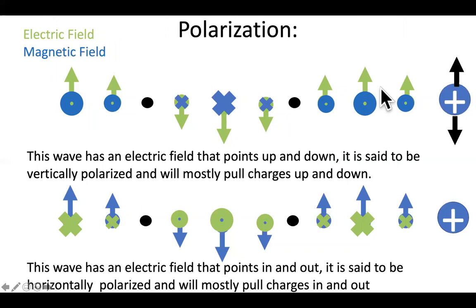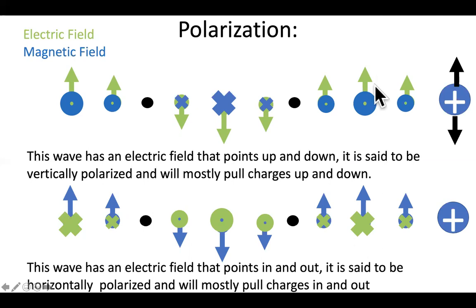This is what can be called a vertically polarized wave because the electric field points vertically. The other possibility is we could have the electric field point in and out. In this case, the magnetic field points up and down. But the electric field, since it points in and out, we can describe as a horizontally polarized wave.